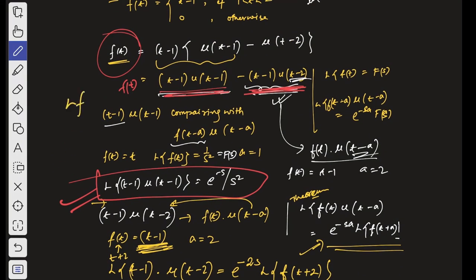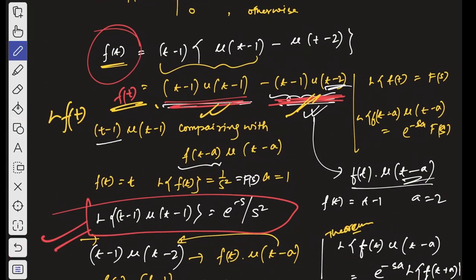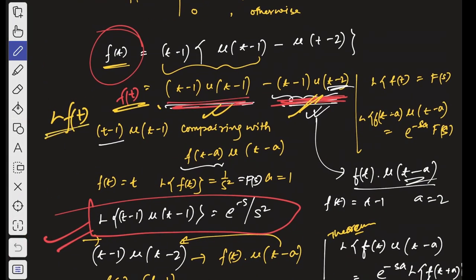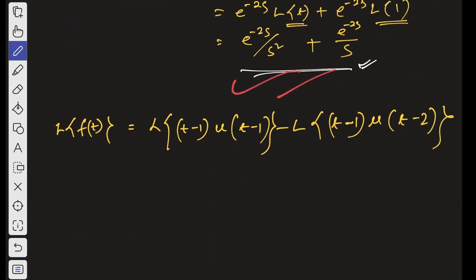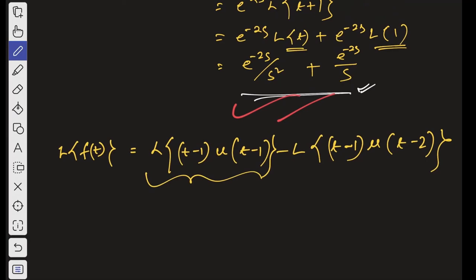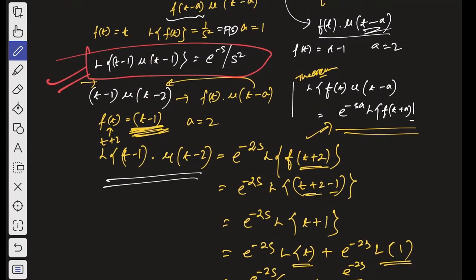So f of t can be written as this part minus this part. Here we can clearly write that the Laplace transformation of this function is the Laplace transformation of this part and the Laplace transformation of this part. Doing that, we have got this, and the Laplace transformation of this part we have already evaluated here.